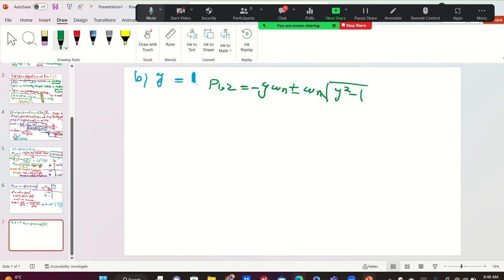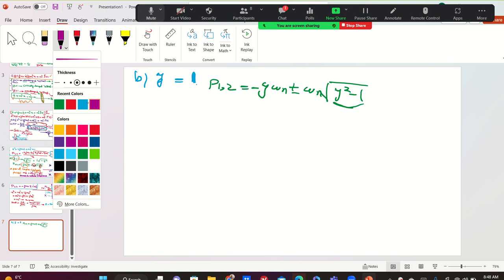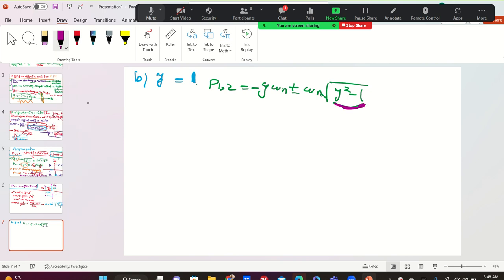When zeta is 1, how much is this, guys? Simply, how much is this when zeta is 1? 0. So you have two repeated real poles at minus zeta omega n. Two repeated means P1 is minus zeta omega n, P2 is minus zeta omega n.